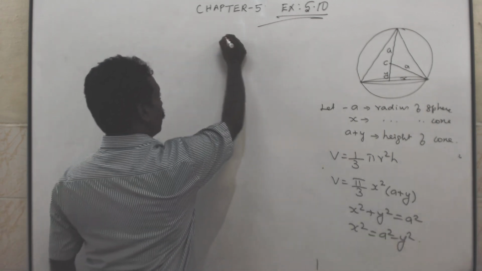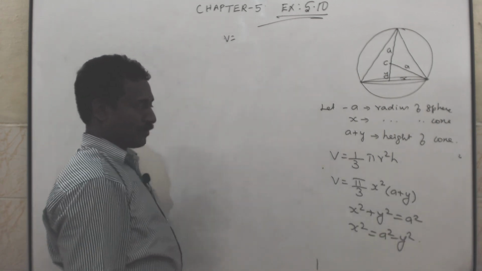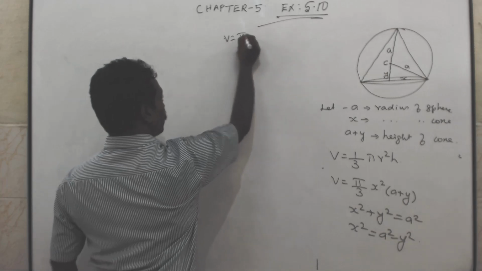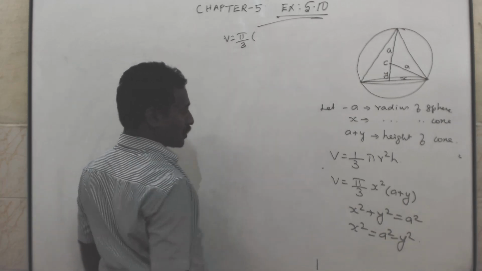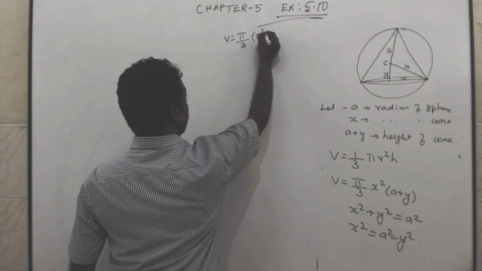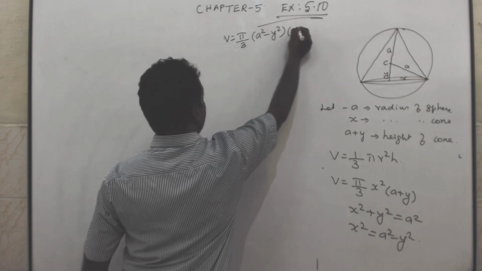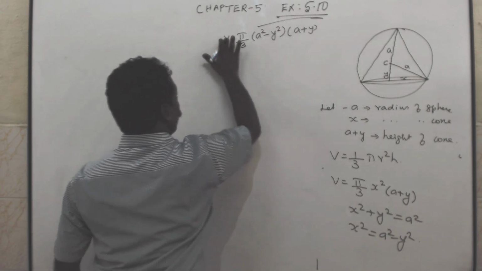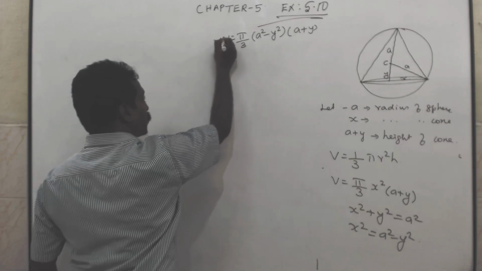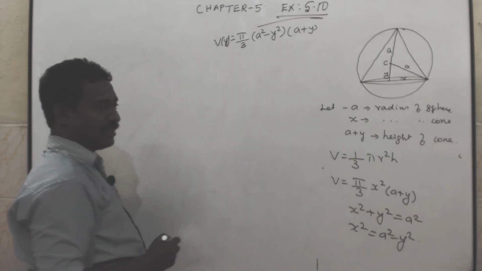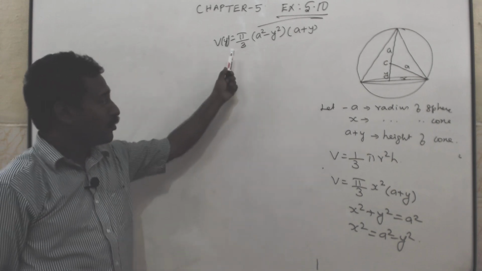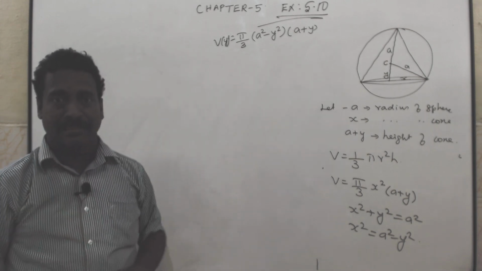Now substitute in volume V equal to pi by 3, instead of x square, a square minus y square, into a plus y. So volume in terms of y, that's why V of y.